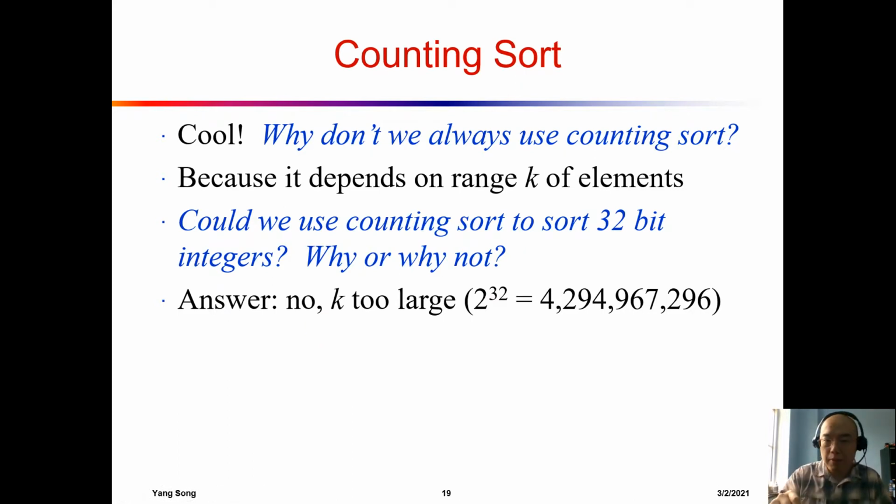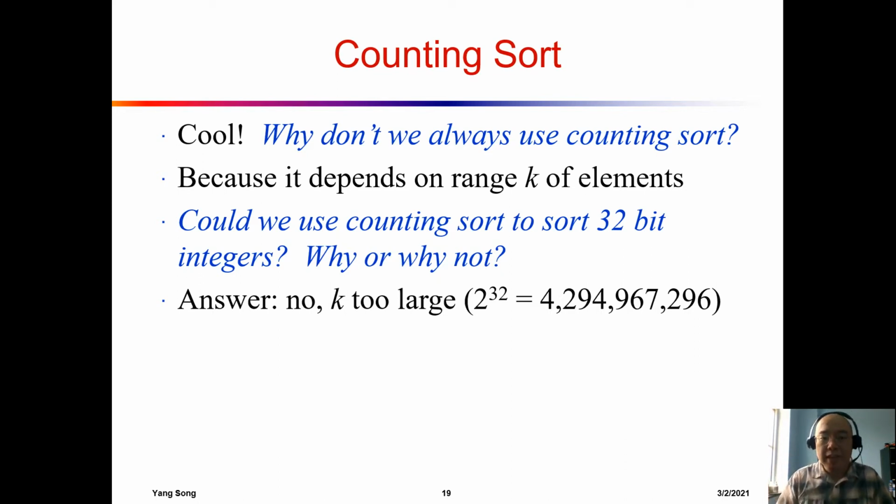Remember, the C array depends on the value of k. So if k is such a big number, C will be a huge dispatching table, and building such a huge table will be super expensive simply because k is too large.